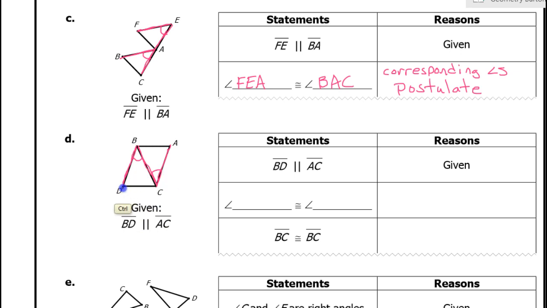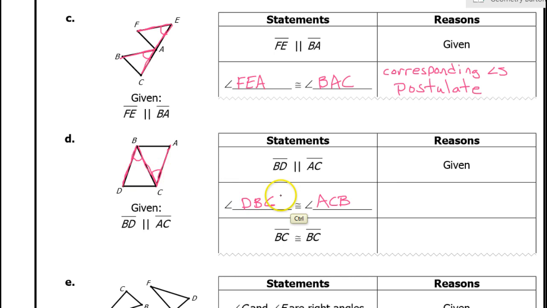So we can call this angle DBC and angle ACB. Okay, so these are alternate interior angles.